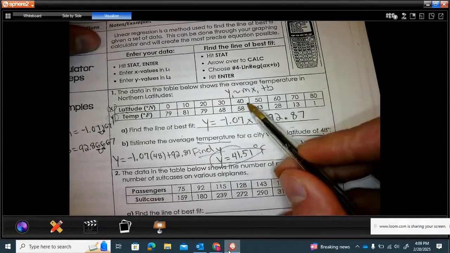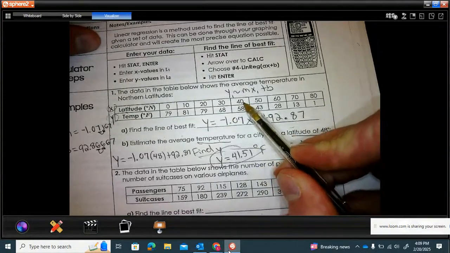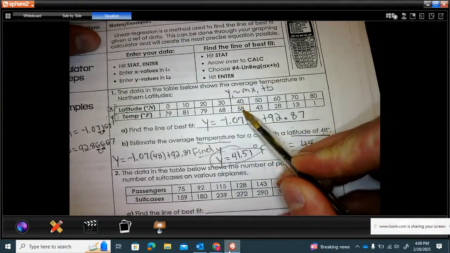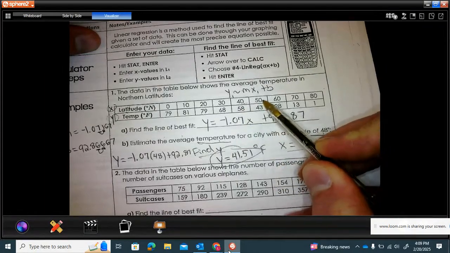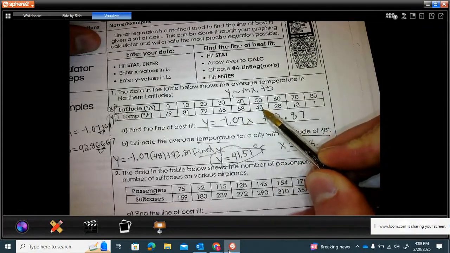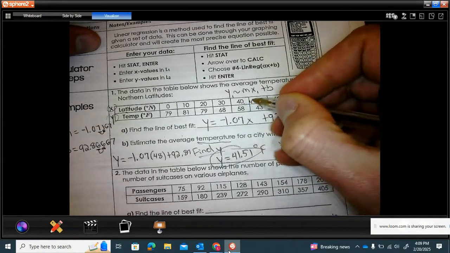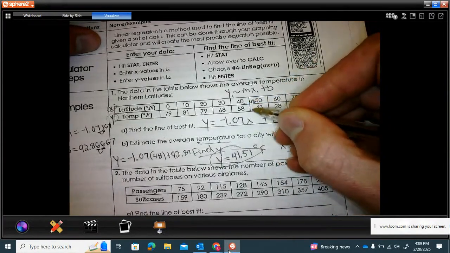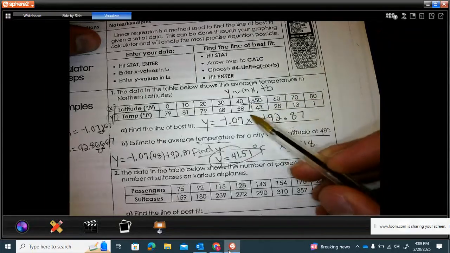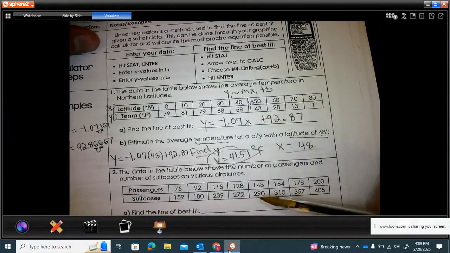So it makes sense because we have data for when the latitude is 40, temperature was 58. When the latitude was 50, the temperature was 43. So if the latitude is 48, which would be really close to 50, you're somewhere in between there, right? Which would be 41.5.